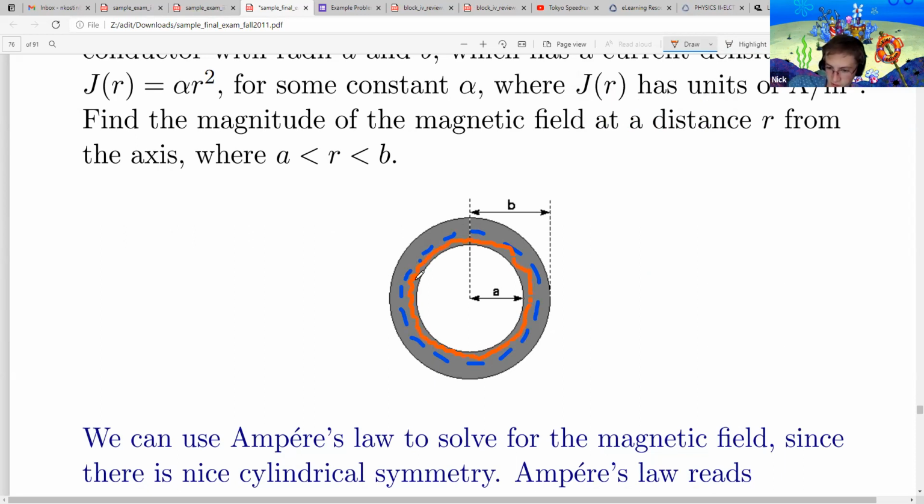So I'm basically just trying to find the current in that section. To do that, I'm going to have to integrate my J, my current density. And since I'm integrating over a circular cross section, my differential area is going to be 2 pi r dr.